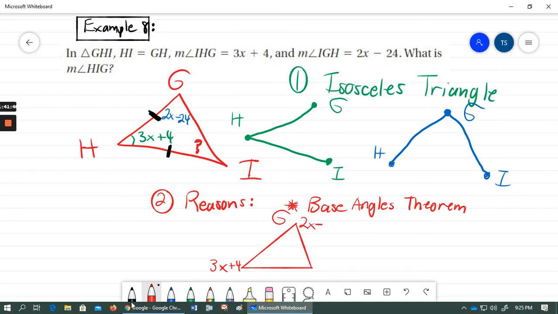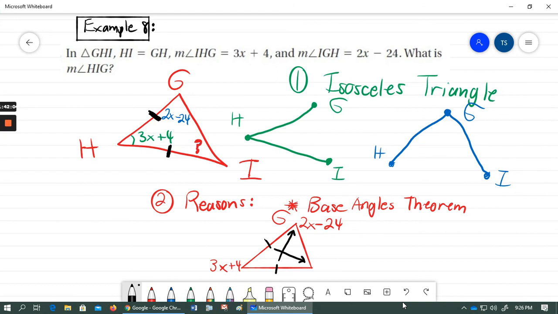So with the base angles theorem, because these two sides here were congruent, the two angles that are opposite from those two sides, in other words your base angles, those two base angles have to be congruent to each other.